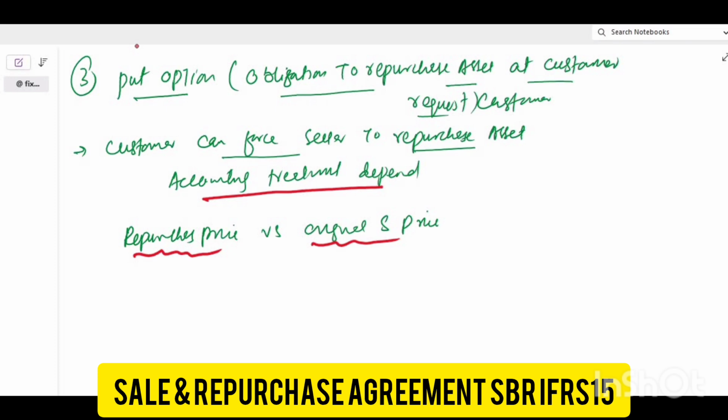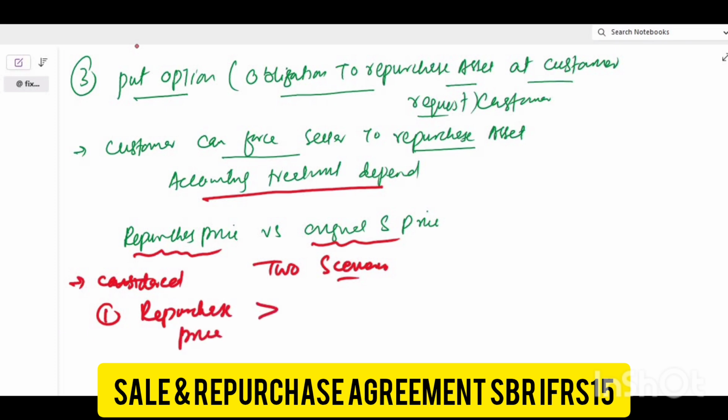Clear? Now what you will do, you definitely have two scenarios. The first one is, let's say, if the repurchase price is greater than or equal to the original selling price, then you will have to consider a financing arrangement.